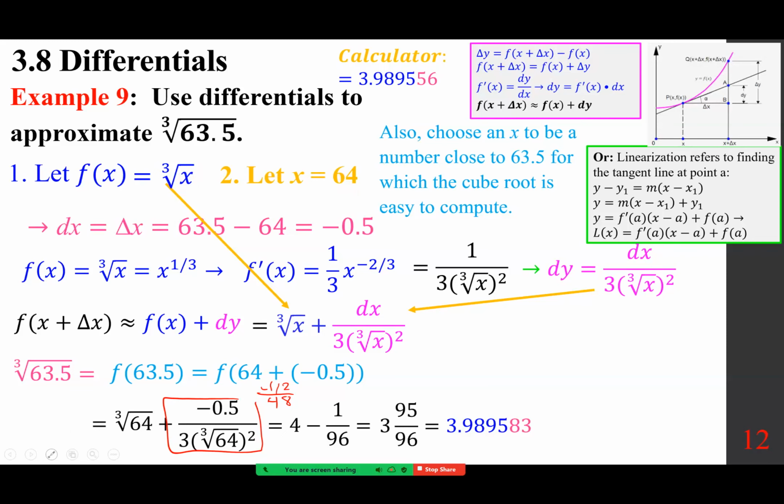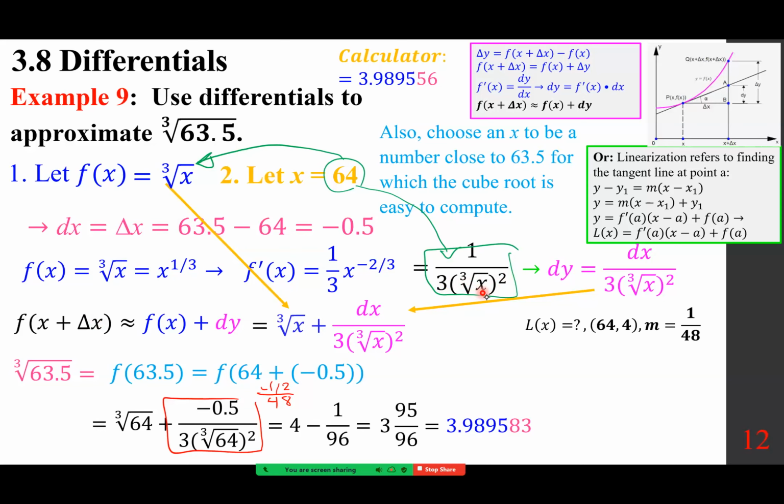If I put 64 into the original function, I get the pair 64 comma 4. If I put it into f prime, I get this slope. This is cube root of 64, 4 squared is 16 times 3 is 48, so 1 over 48. This is how we get the pairs.